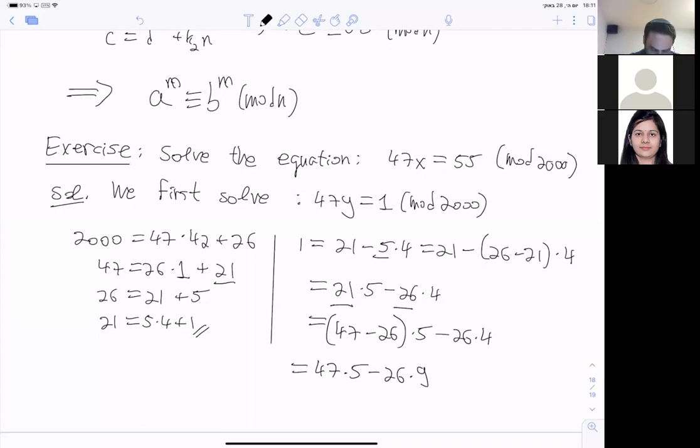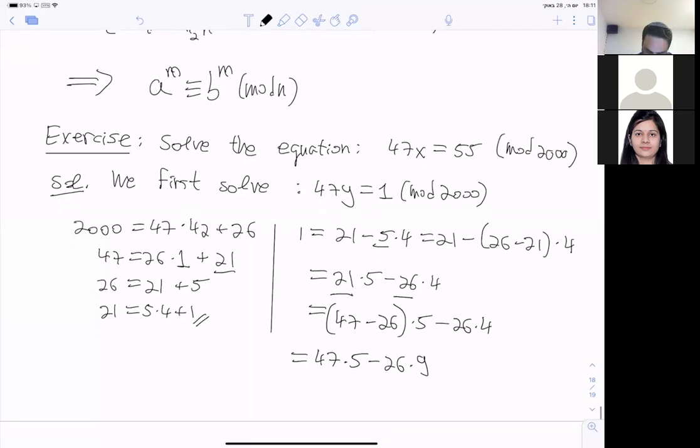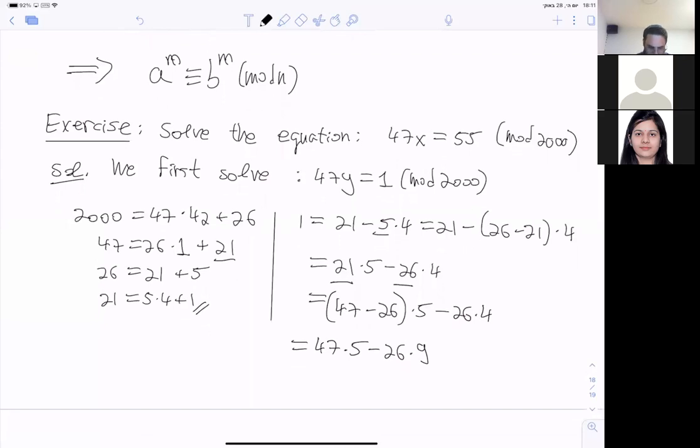Okay, I'm checking. Okay. So this is equal to 1 after all.